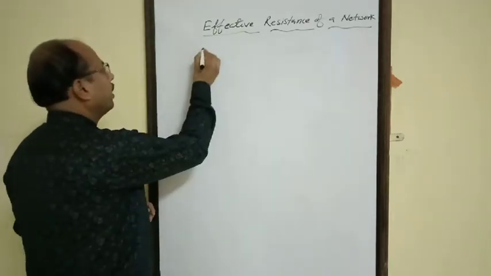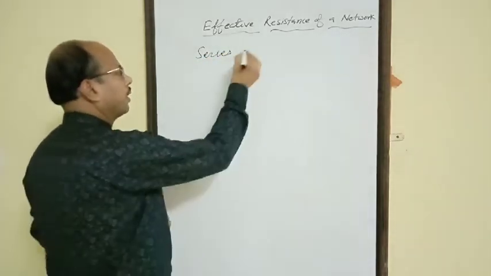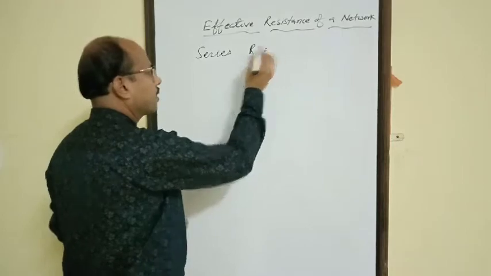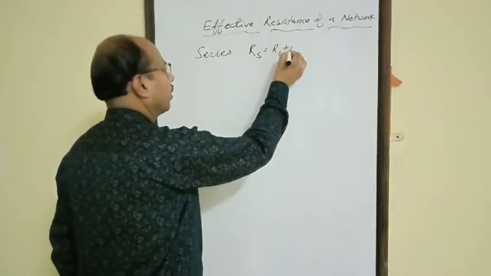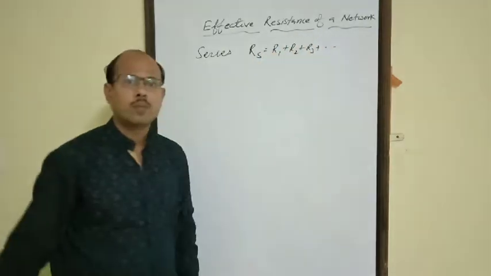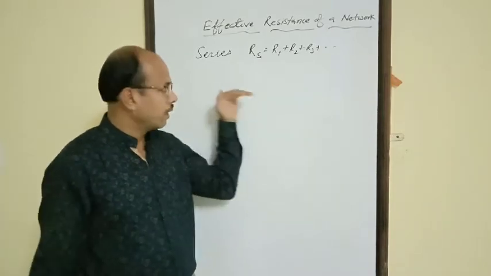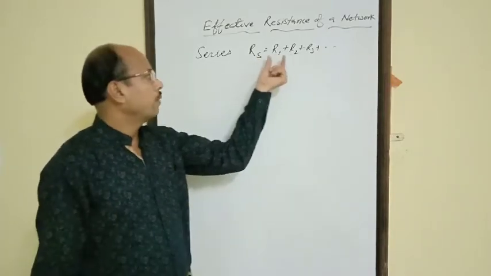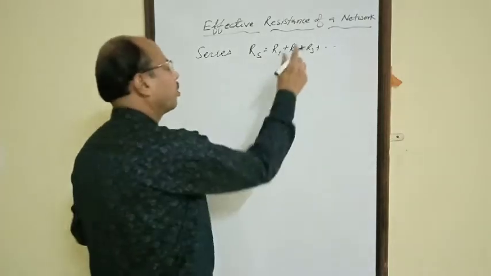So we know that in series combination, the effective resistance Rs of any network is given by R1 plus R2 plus R3 and so on. Whenever resistors are connected in series, means one by one, or end to end, then this is known as series combination.